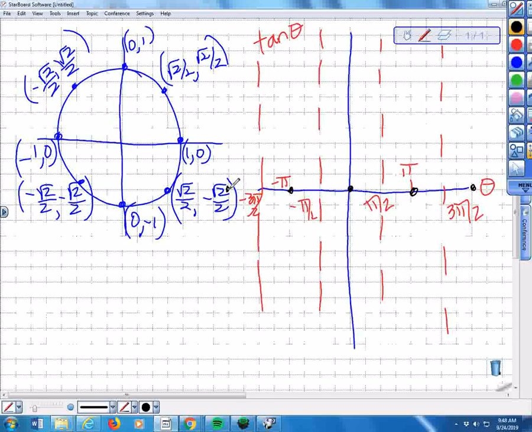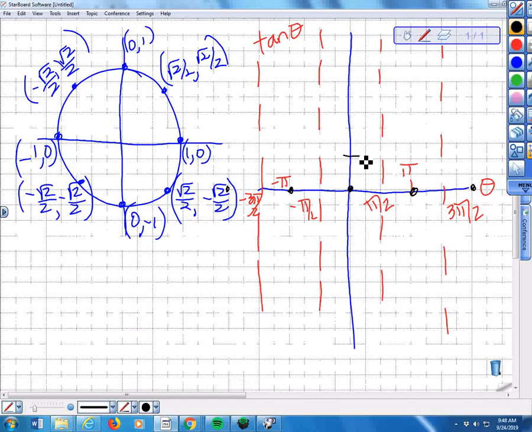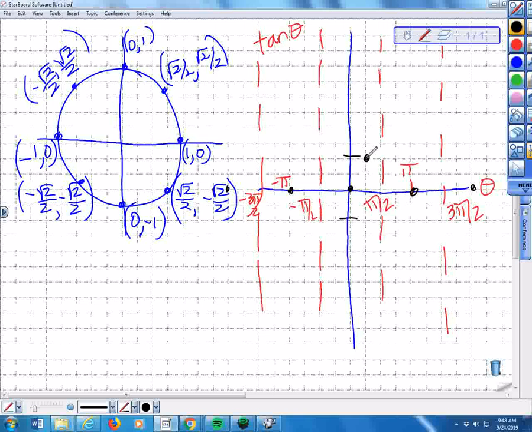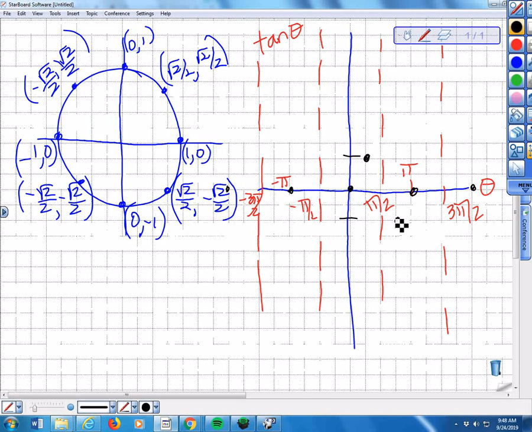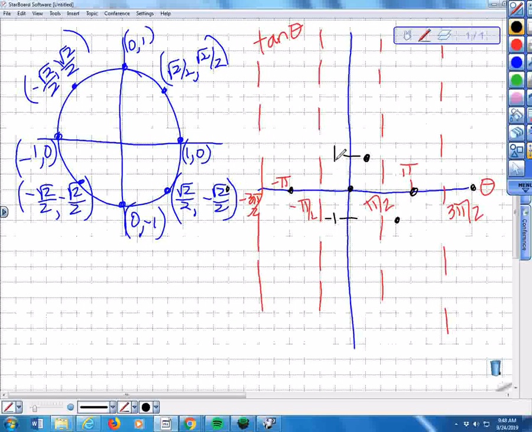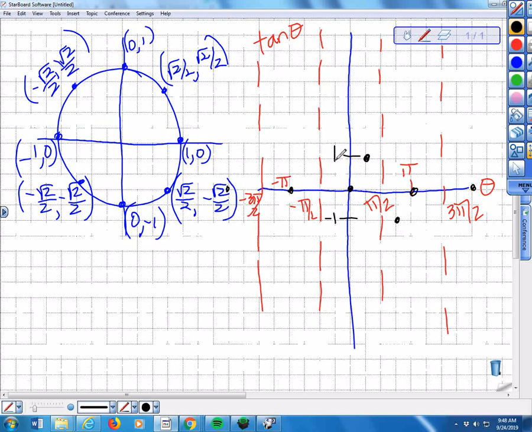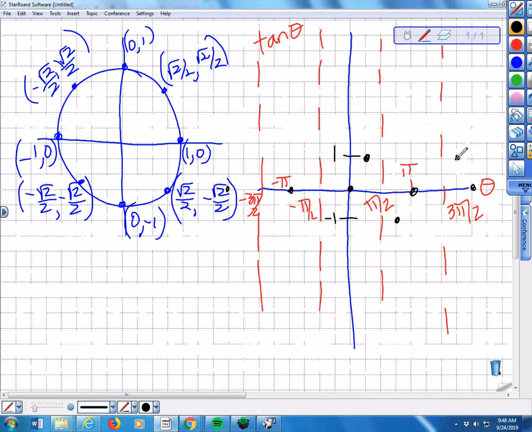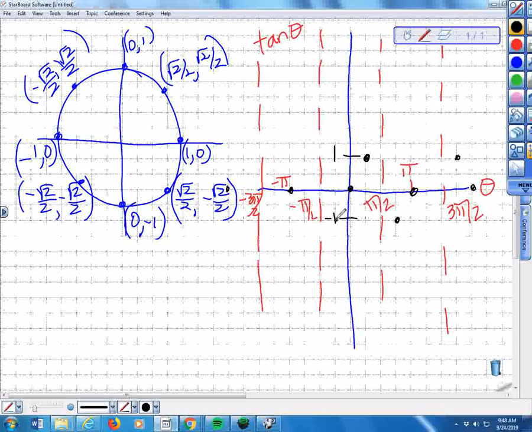Okay, so it's going to be 1 here, and negative 1 here, and back to 1 at 5 pi over 4. Can I get the idea? At negative pi over 4, it's negative 1, right here.